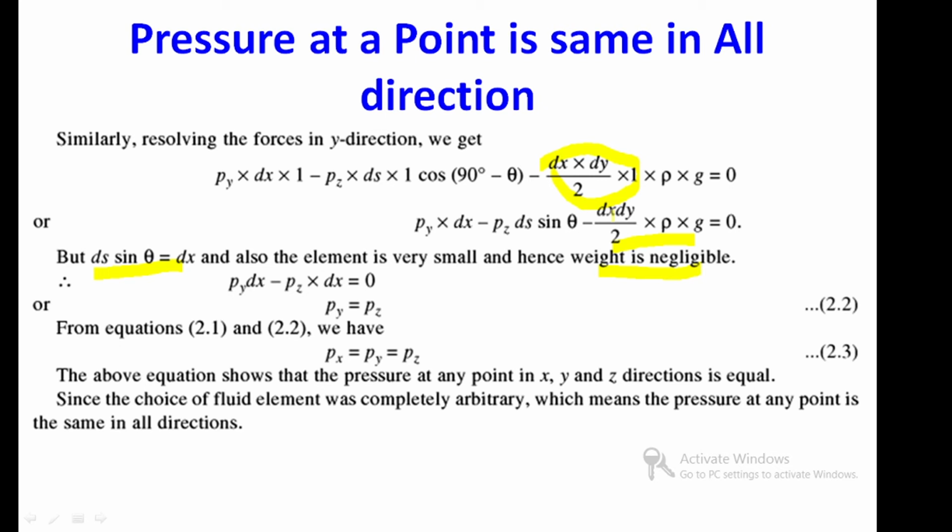Here ds sin theta equals dx, and the weight is neglected. Why neglected? The element is very small and hence the weight is negligible. After that, Py dx minus Pz dx.